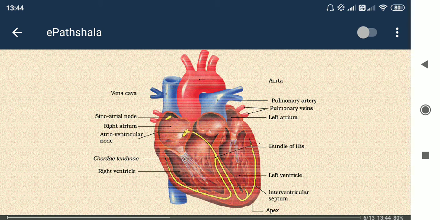Okay, this is done. The bicuspid valve and tricuspid valve I have already discussed. Another thing: from the superior vena cava, deoxygenated blood is coming inside the right atrium.